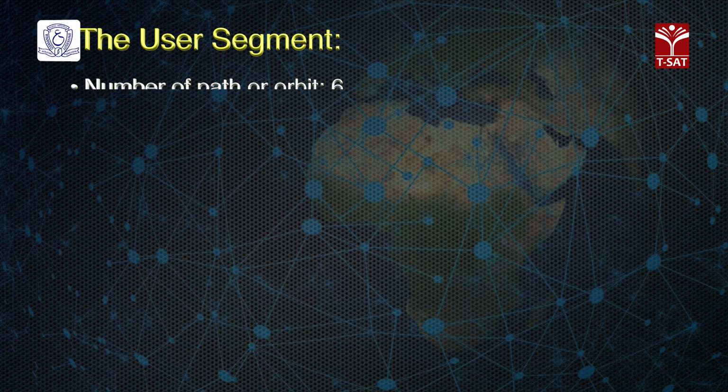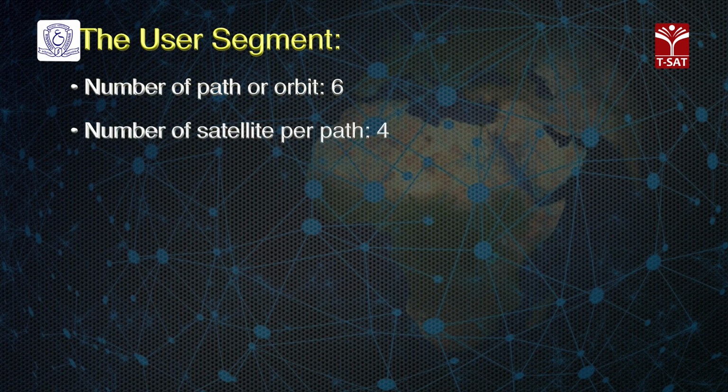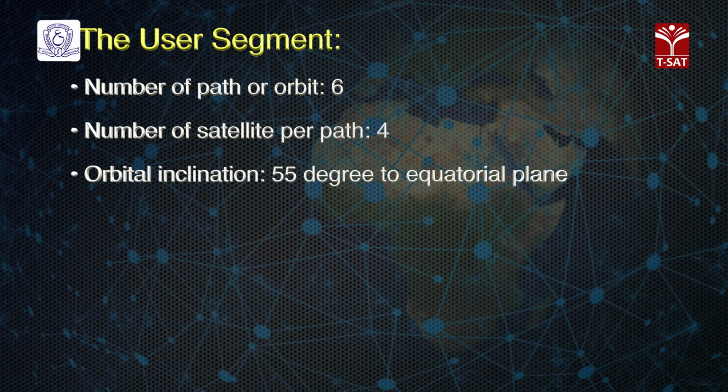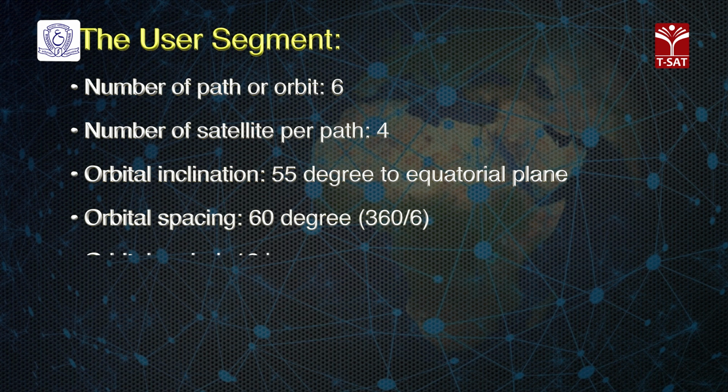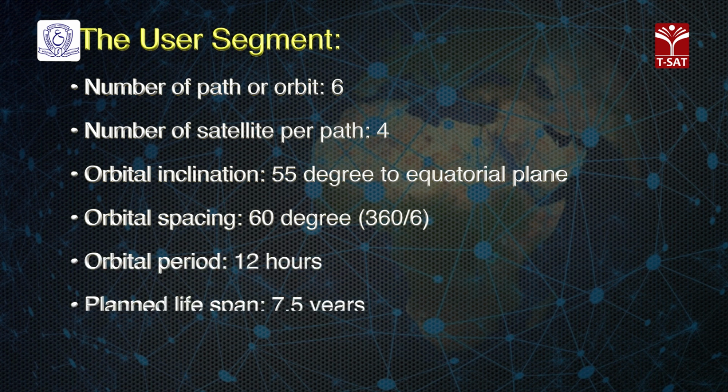The number of orbits is 6 and the number of satellites per orbit is 4. The orbital inclination is 55 degrees to the equatorial plane. Orbital spacing is 60 degrees. Orbital period is 12 hours. The planned lifespan of each satellite is 7.5 years.